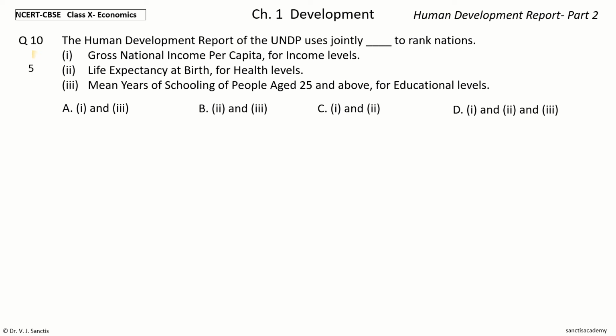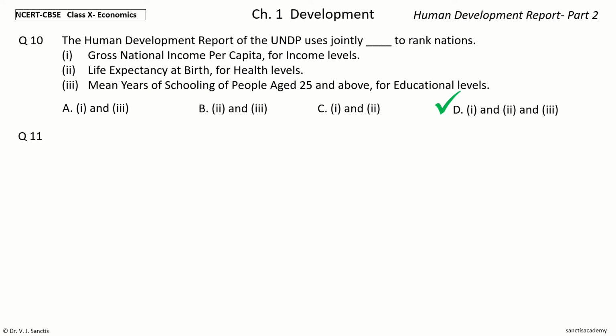Your time to choose. And the answer is number 1 and number 2 and number 3. So, the Human Development Report of the UNDP uses jointly gross national income per capita for income levels and life expectancy at birth for health levels and mean years of schooling of people aged 25 and above for educational levels.